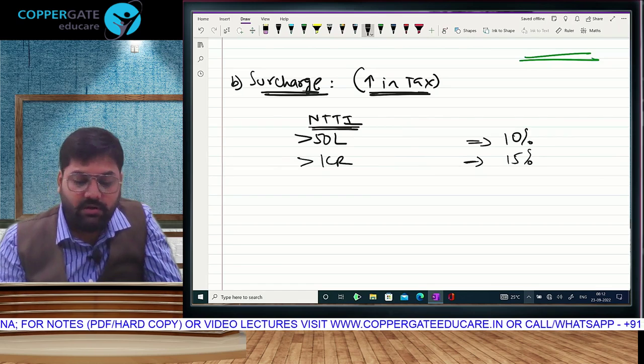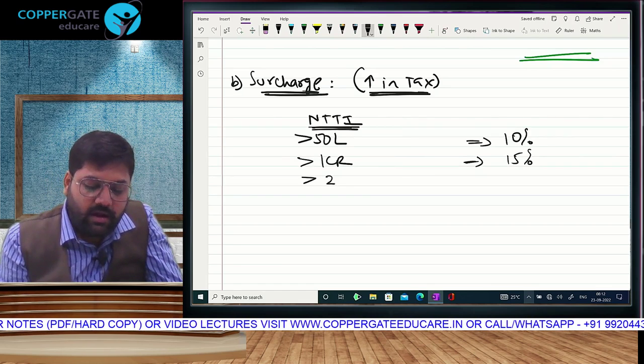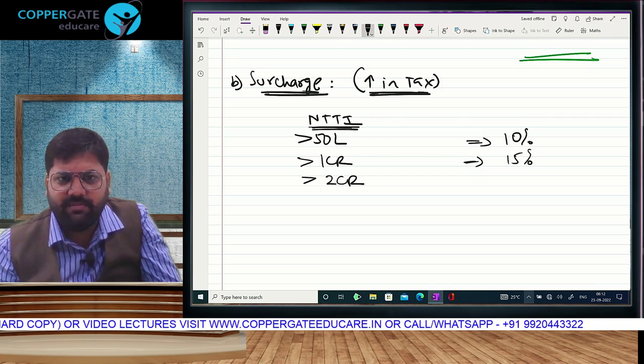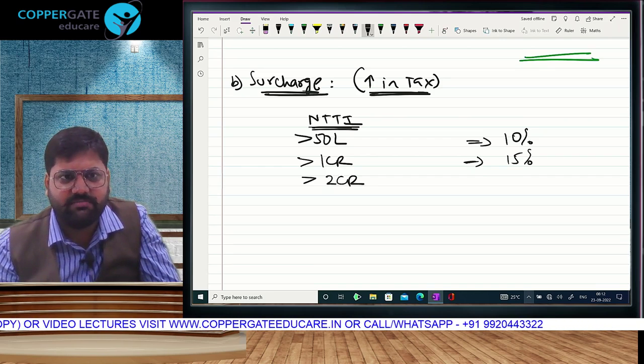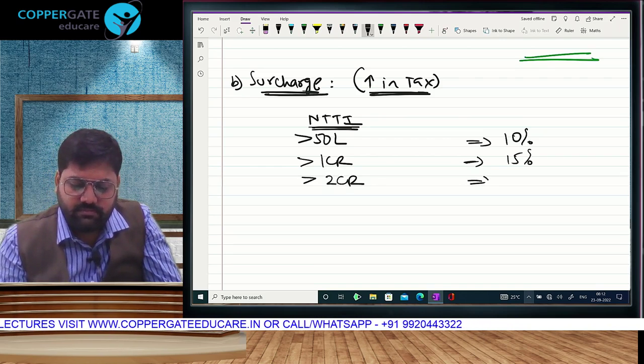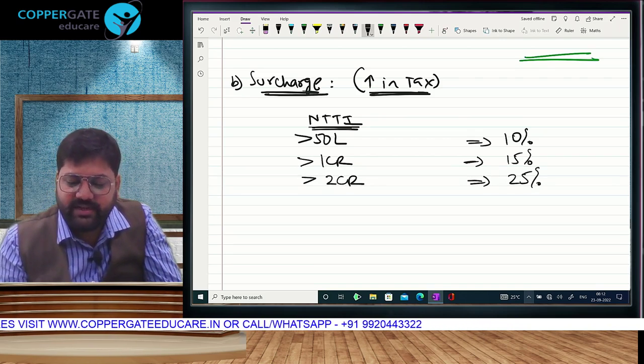After 1 crore, 15%. If you cross 2 crore, very few individuals in the country, we are talking about individuals, companies can cross any income. But an individual crossing 2 crores, 25% surcharge.